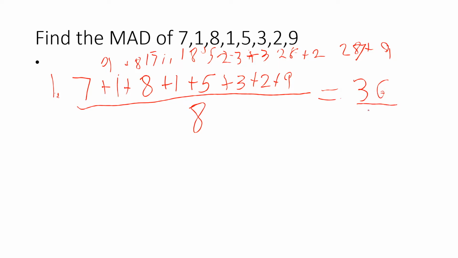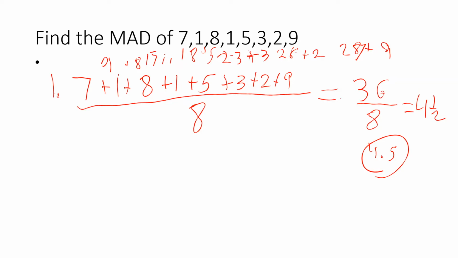That is an easy way of calculating these larger sums. And 36 divided by 8, we know that is 4 1/2, which can be easily translated into 4.5.